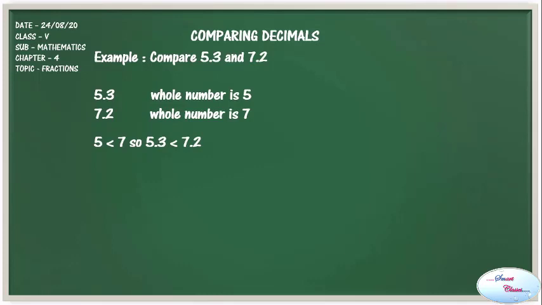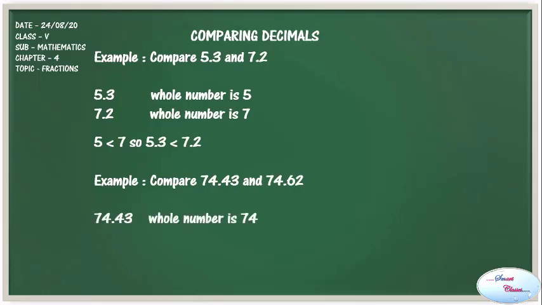Another example, compare 74.43 and 74.62. In 74.43, the whole number is 74, and in 74.62, the whole number is again 74. Since both of them have the same whole number, now let's compare the decimal part.